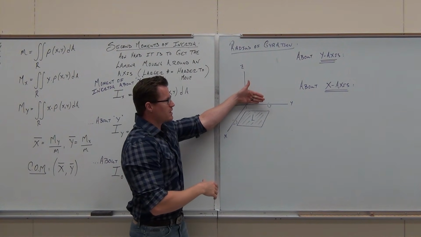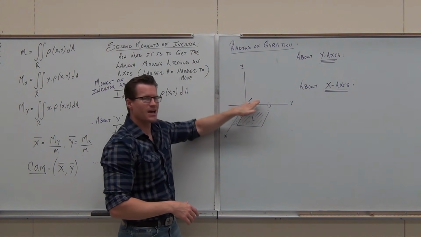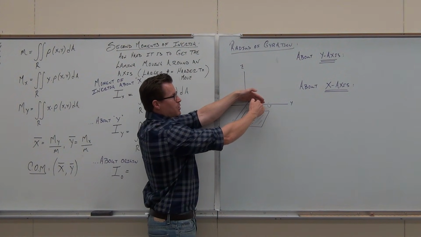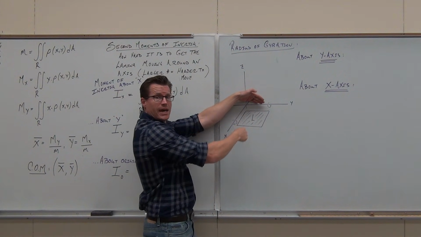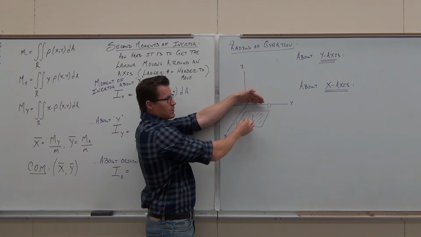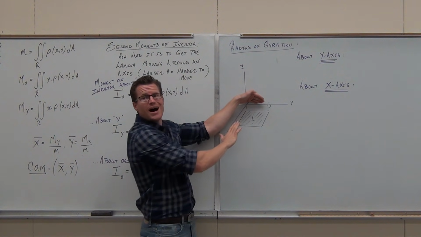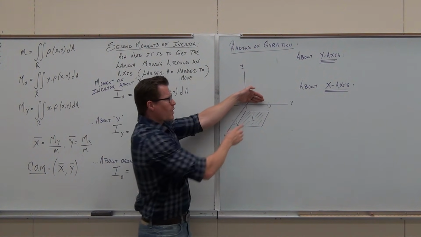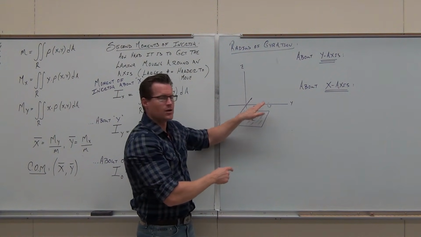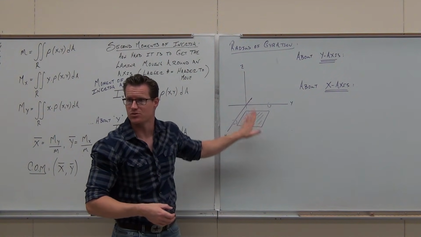If I'm trying to measure how likely it is for this plane to rotate about the y-axis, it really depends on where the mass is distributed on the axis perpendicular to it, along the x. The further out it's distributed along the x-axis, or the further in, affects its rotation around the y-axis. Does that make sense? Where the mass is along here has no effect this way, but where the mass is along the x-axis has every effect on its rotation around the y.